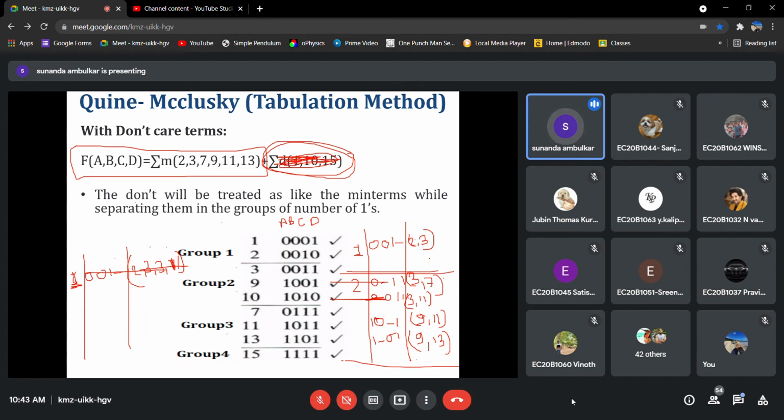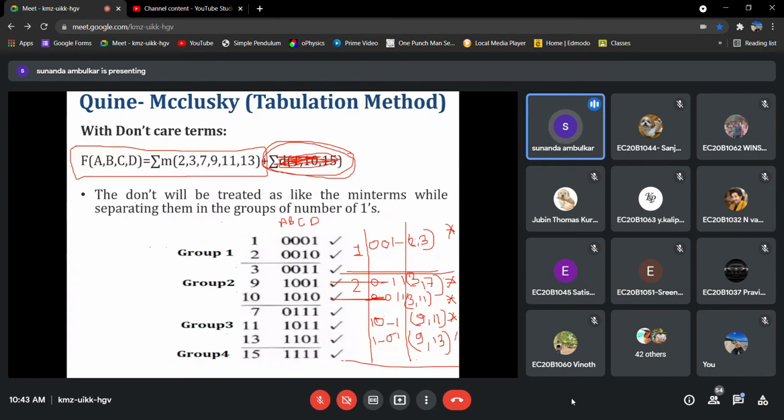So this is the final table, according to me. No min-term combination is checked off here, so all the terms are with the star mark. Everything is with the star mark.